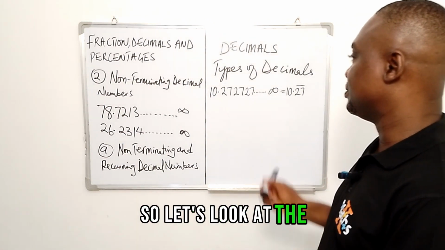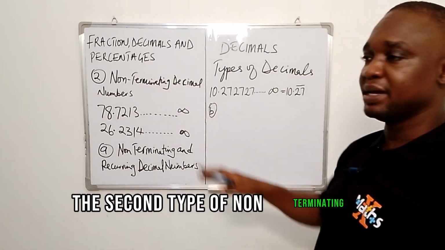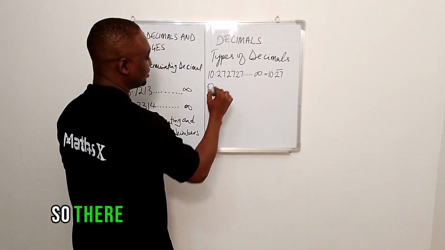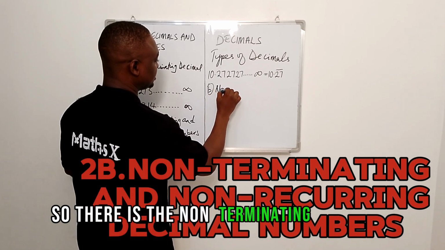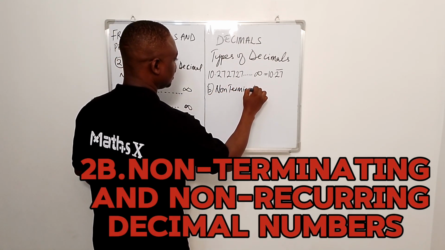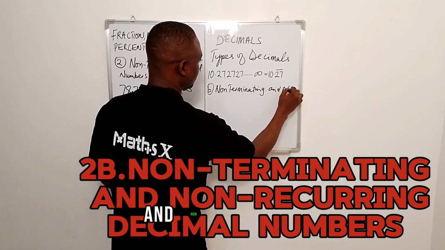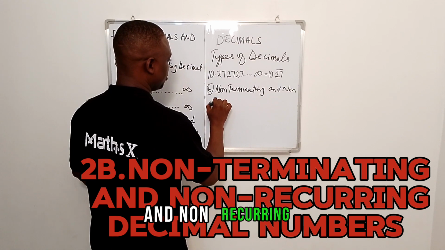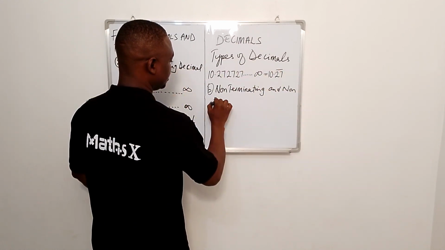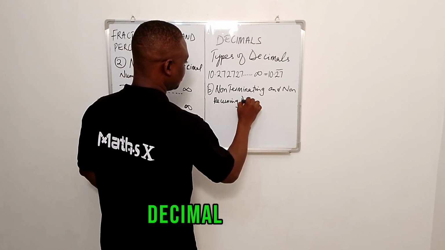Let's look at the second type of non-terminating decimals. There is the non-terminating and non-recurring decimal numbers.